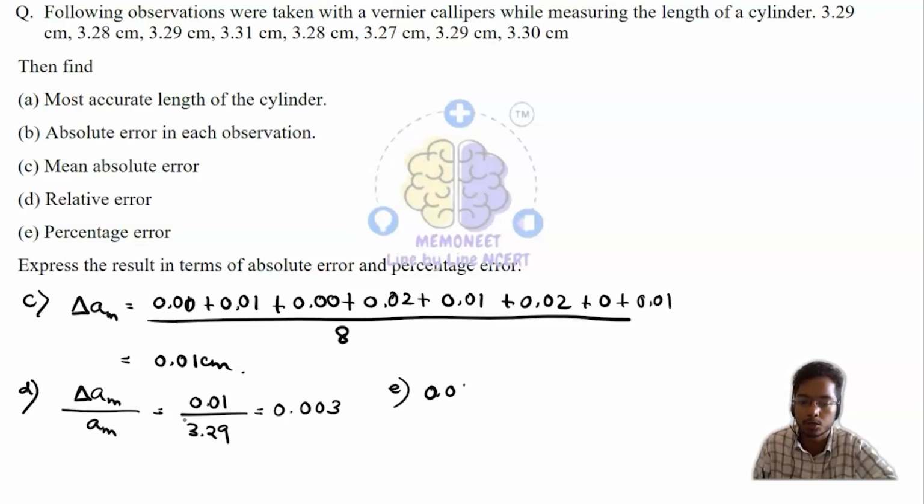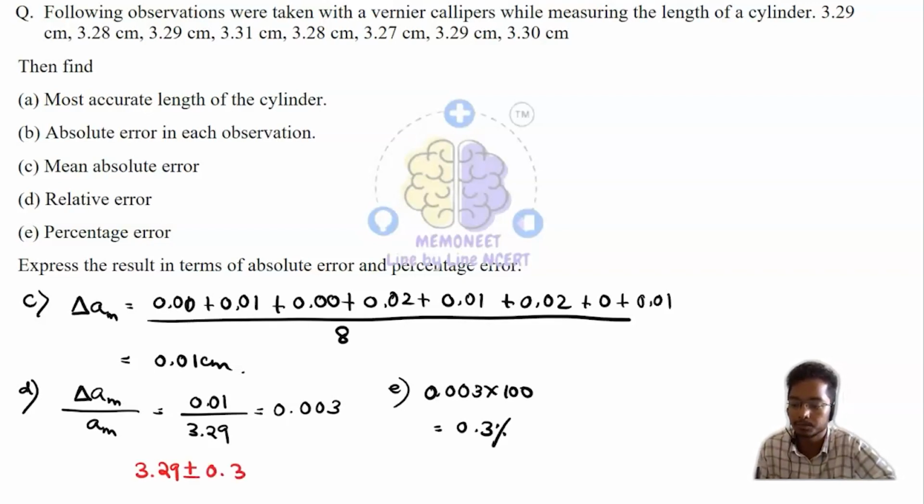It means 0.003 into 100, which equals 0.3% as our percentage error. We can write the length as the most accurate value, 3.29 plus or minus the error, 0.3%. Like this we have to represent the error of any observation we have taken.